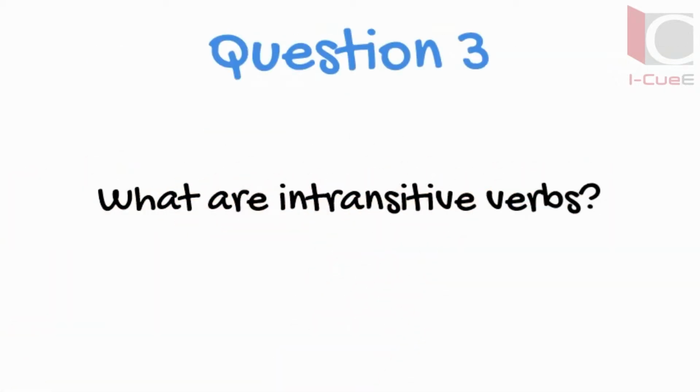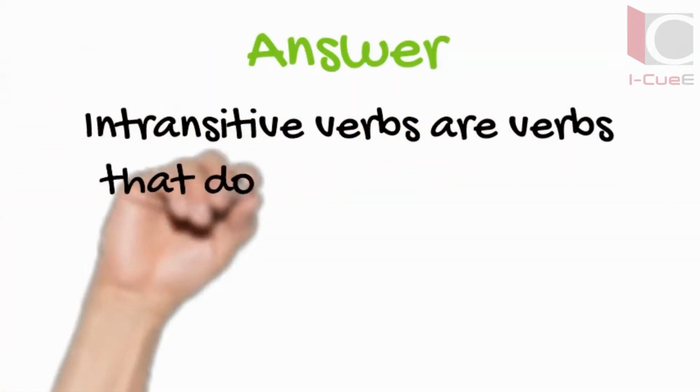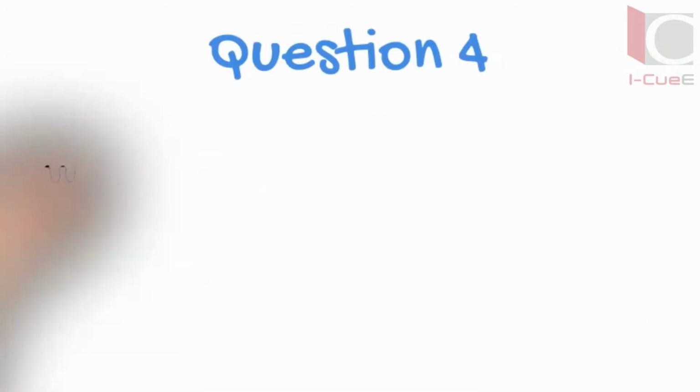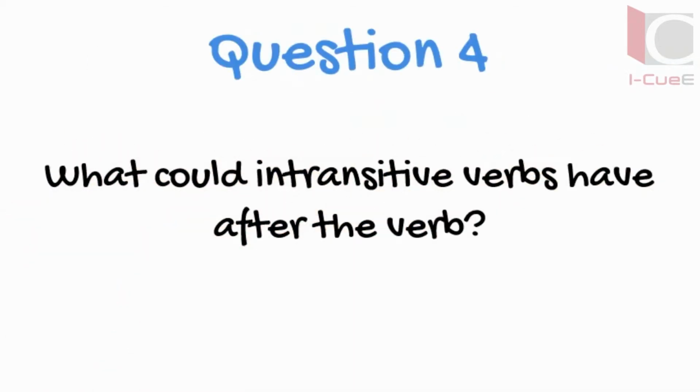What are intransitive verbs? Intransitive verbs are verbs that do not take or need a direct object after it in a sentence. What could intransitive verbs have after the verb?